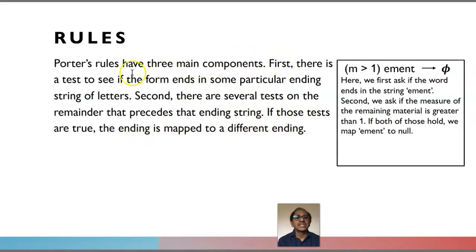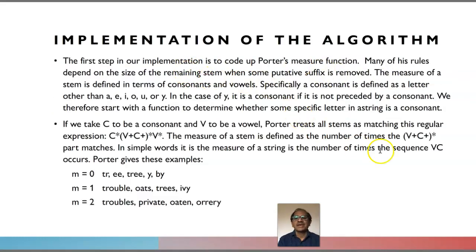Right? There are three things. One is to see whether a particular string appears. Then to see whether that string is preceded by something in the remainder. And if that is found, then that ending is changed to a different ending. For example, you have here M greater than 1. What is M? M for measure.